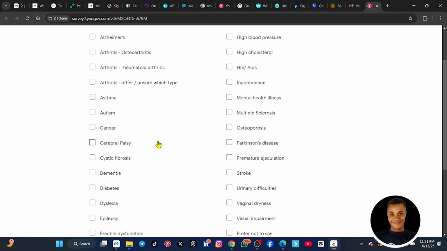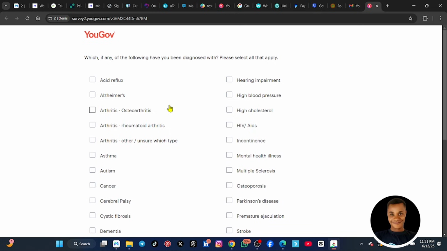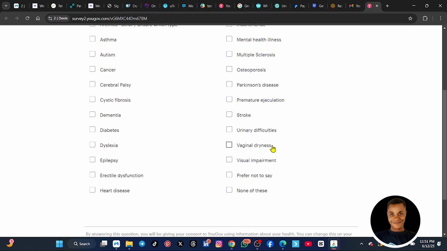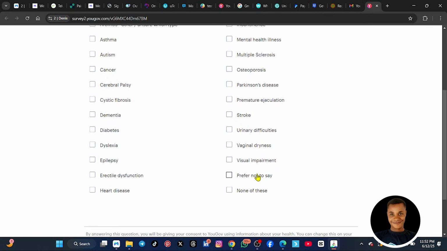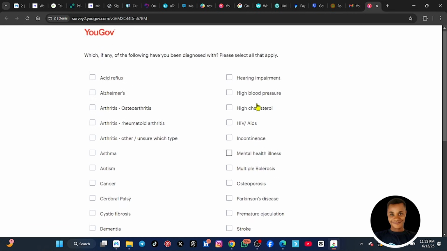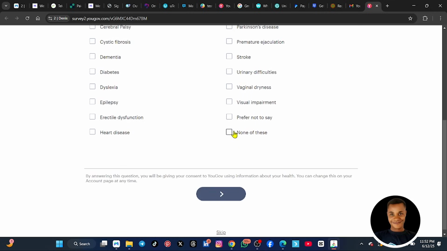The only thing I could choose here is ulcer, if at all it is here. Let me see if I will see ulcer here, cerebral cancer. No, no. Ulcer is not here, and I don't have any of these sicknesses, right? So none of these. Continue.